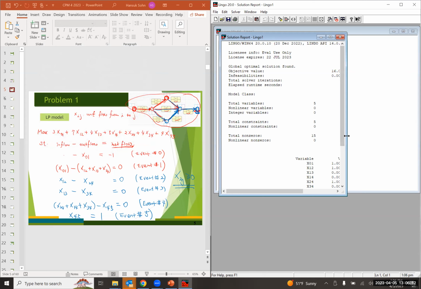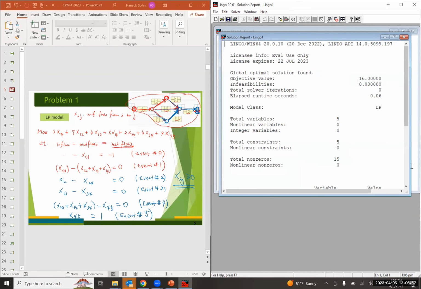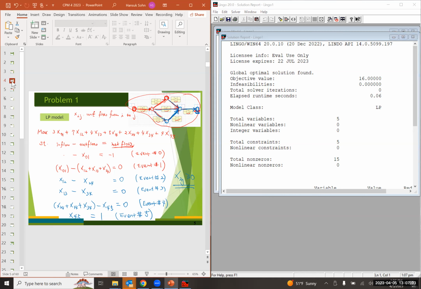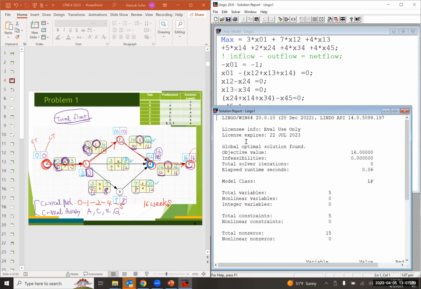Okay, so we've got the optimal solution. So that's the identical information, right? So Lingo tells you that the project can be completed as soon as 16 weeks, right? Which is same as we identified earlier.